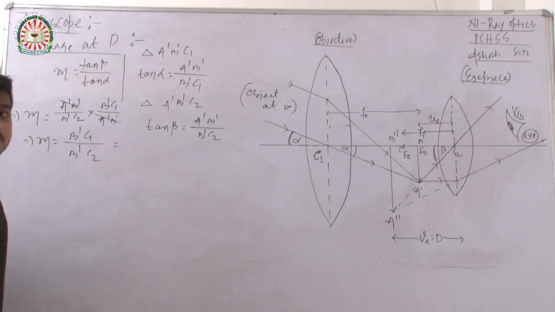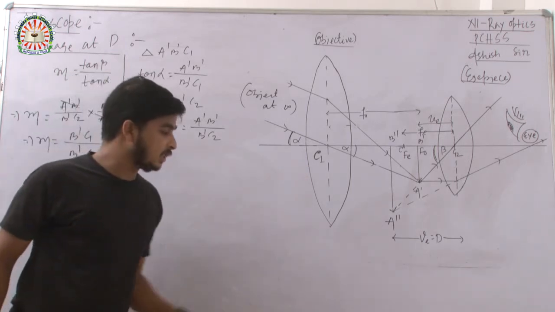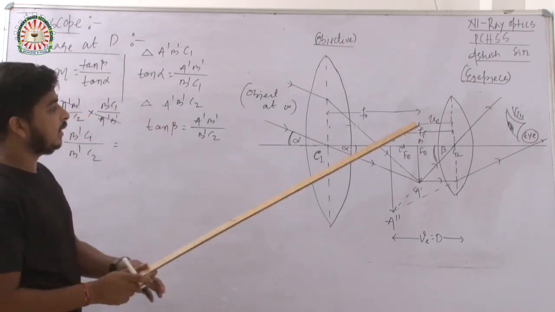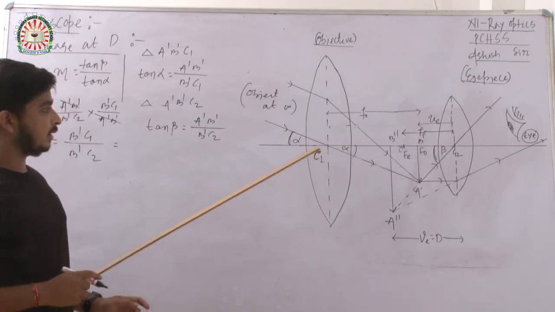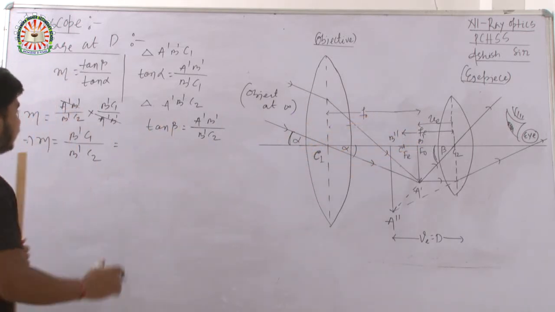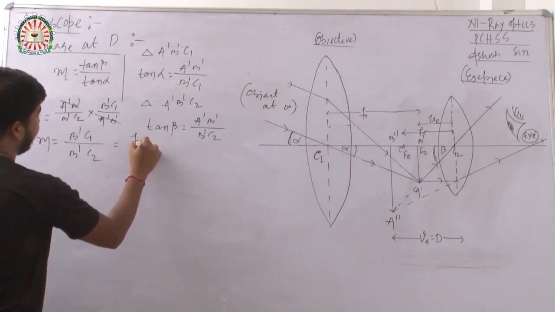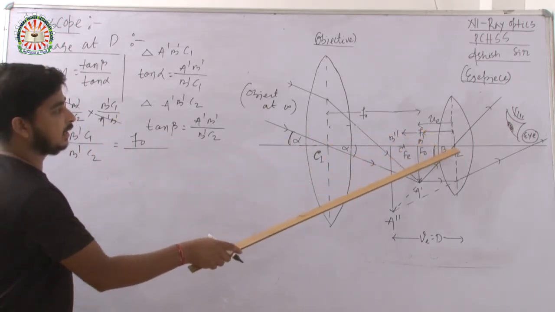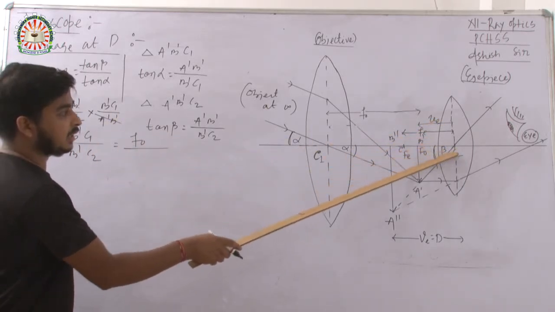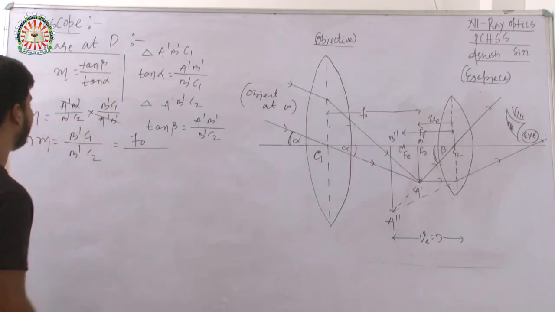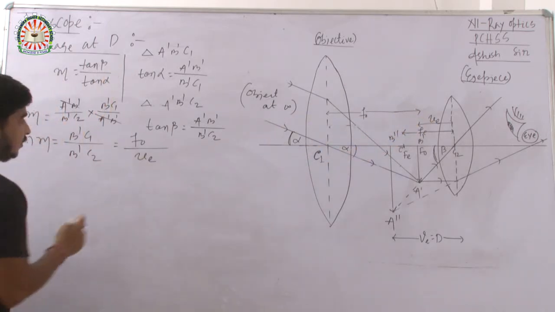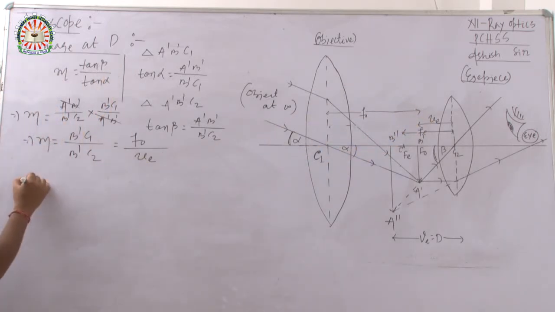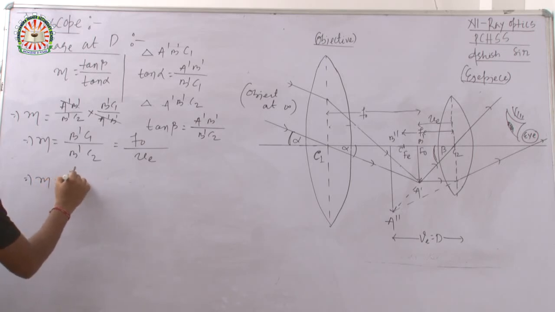What is the value of B'C1? This is fo. So here you can write fo divided by B'C2. B'C2 is the object distance of the eyepiece, this is ue. So fo upon ue. So we found m equals fo upon ue.